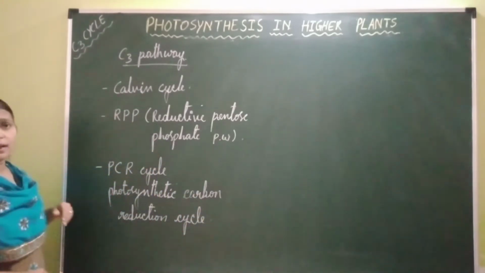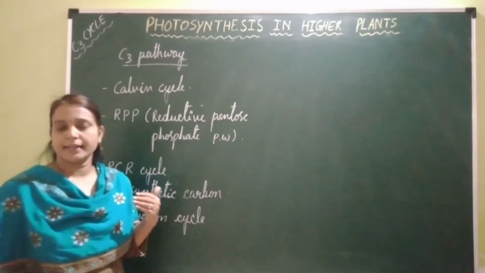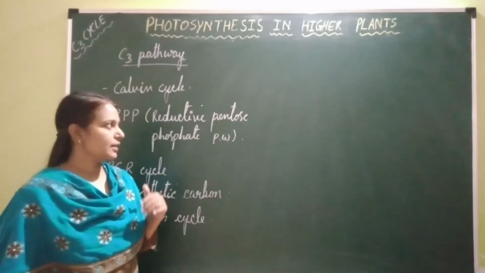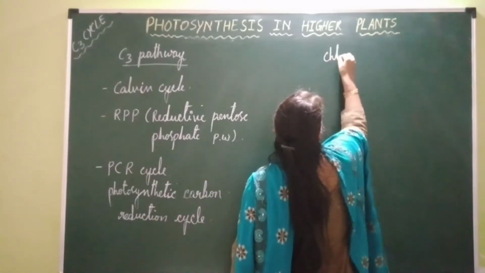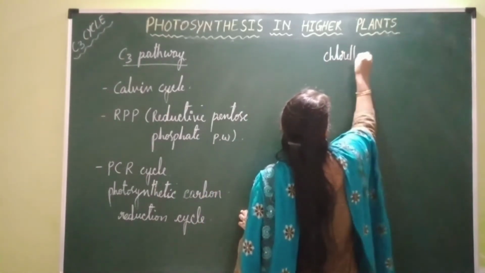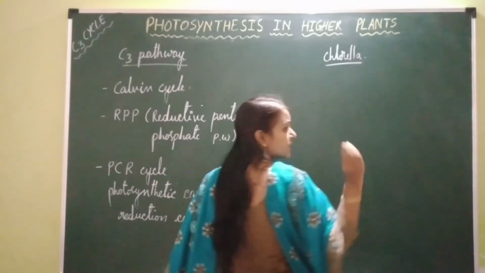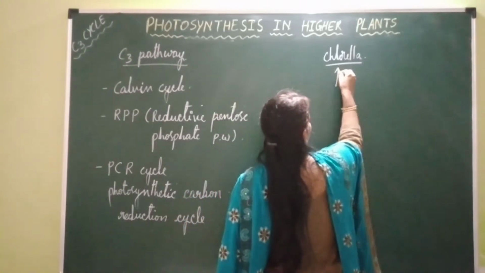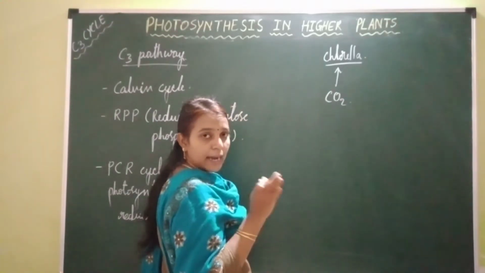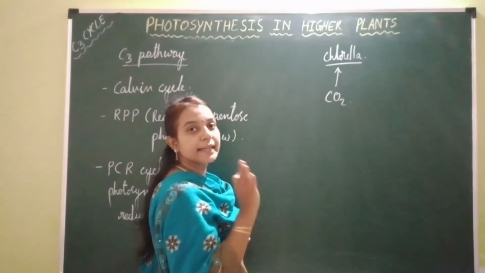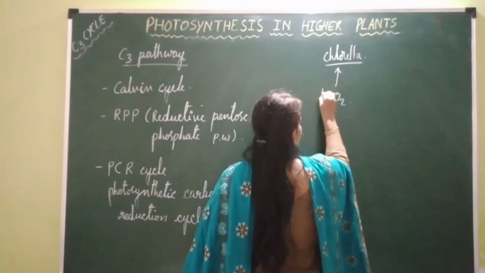Okay, now let's see how Calvin conducted experiments on chlorella and synthesise. Calvin collected vigorously growing chlorella, that is a unicellular green alga, and to this chlorella he provided carbon dioxide where the carbon is radioactive carbon, that is C14.